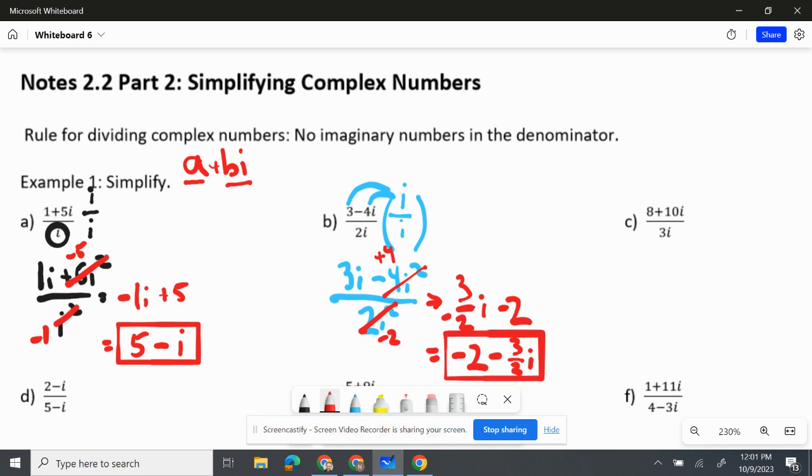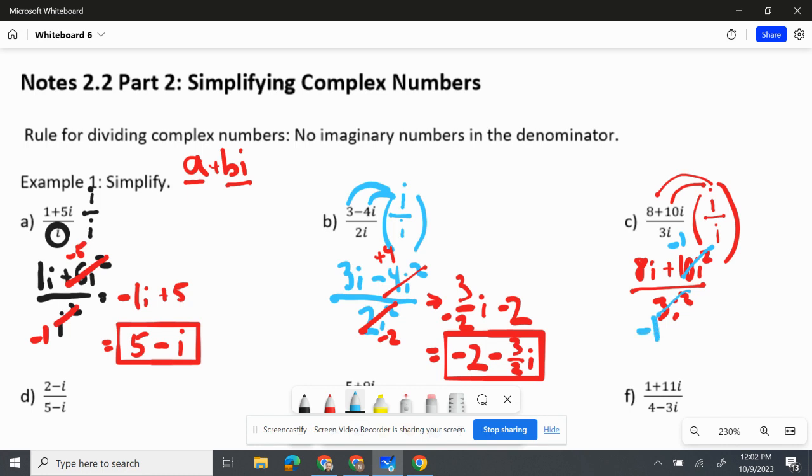For our third example, once again, what we do is we multiply it by an I on the top and an I on the bottom. We distribute the I to each of the terms, and that gives us 8I plus 10I squared divided by 3I squared. We know that I squared is -1, and then I squared is -1.